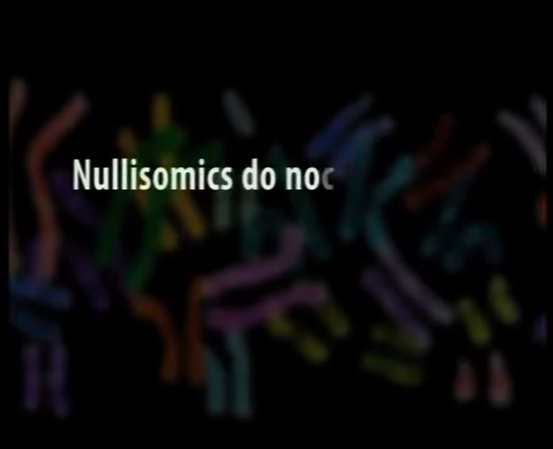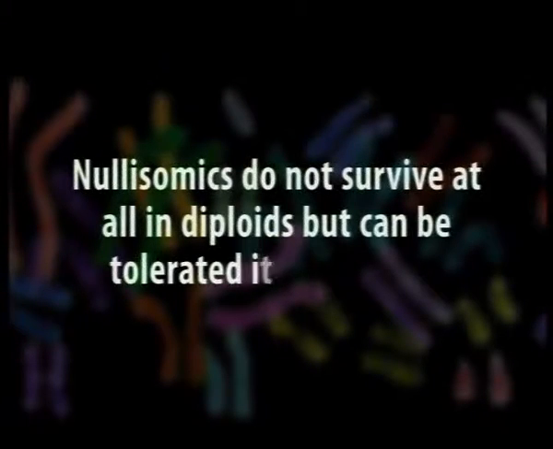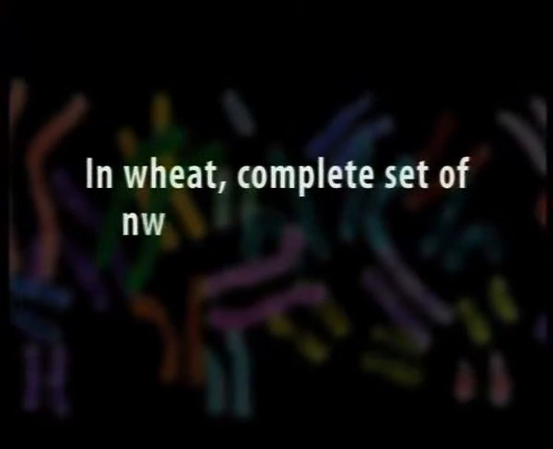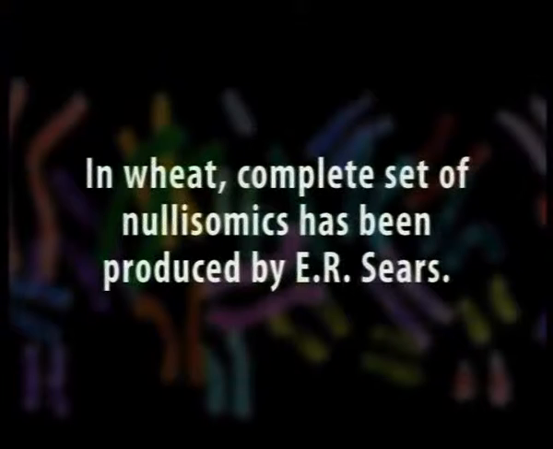Now, nullisomic is a much more dangerous condition than monosomic, because now both the chromosomes are missing, and therefore the nullisomic condition does not basically survive in diploids. However, in polyploids, the nullisomics can survive, and that is why in wheat, a complete set of nullisomics has been produced by E.R. Sears.